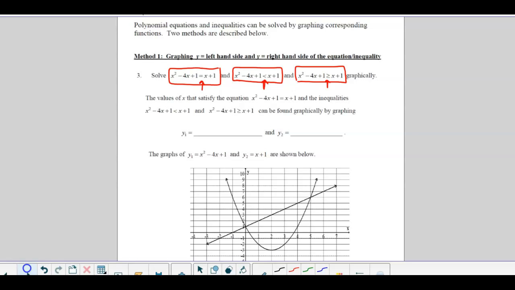So the values of x that satisfy the equation and the inequalities can be found graphically by graphing each of them, so you can see it there. So your left side is x squared minus 4x plus 1. Your right side is x plus 1. Okay, so easiest way, just look at the left side, look at the right, graph each side, there's the graph.